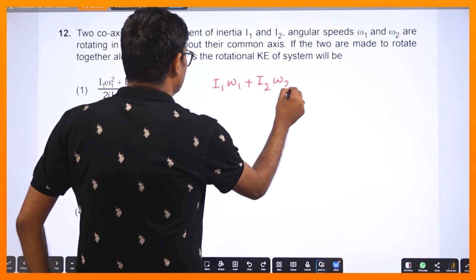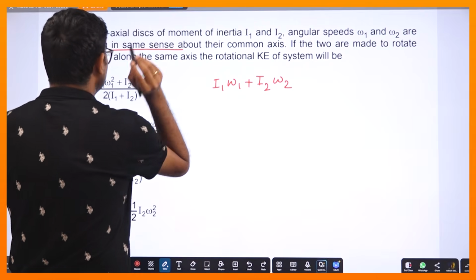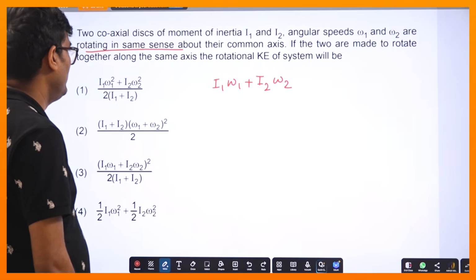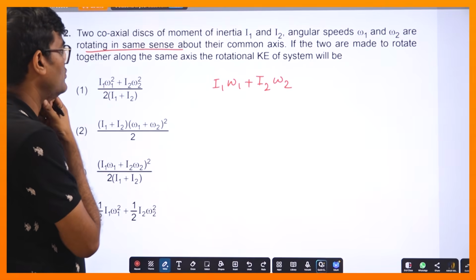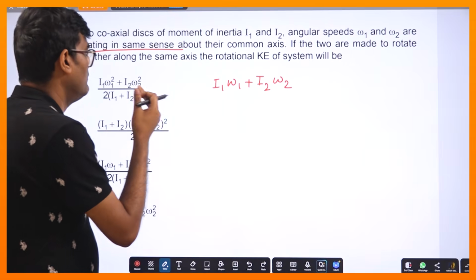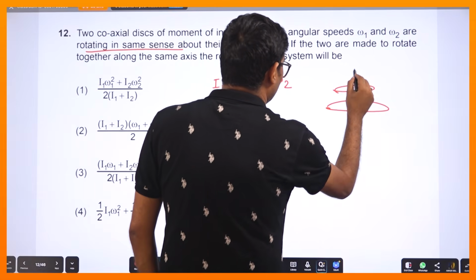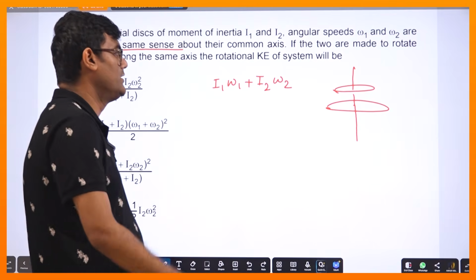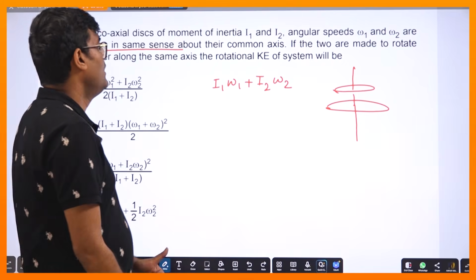A few pieces of information seem to be missing in this question, right? There is no external force on the system, so this disk has fallen onto the other disk, and due to internal friction, finally they are rotating with the same omega.